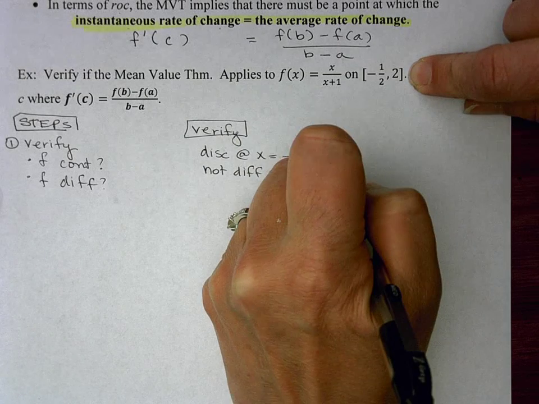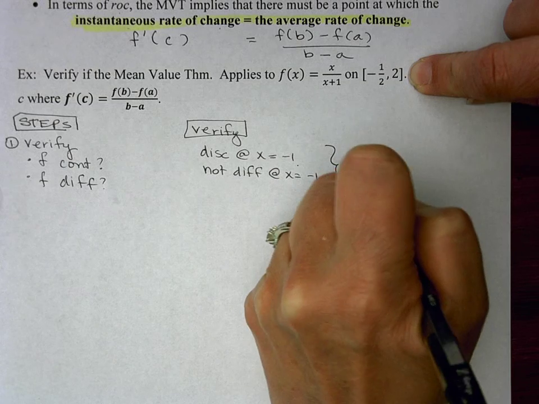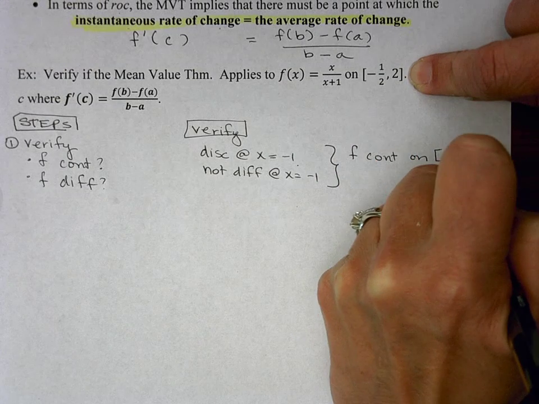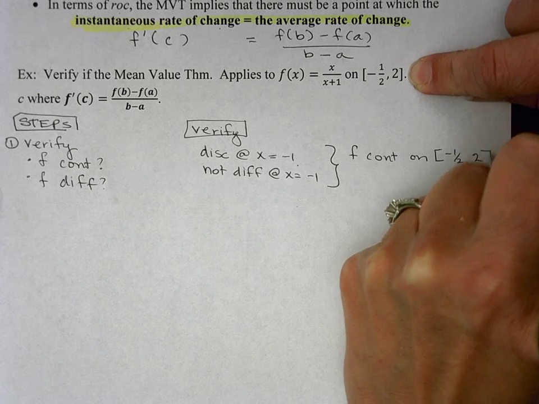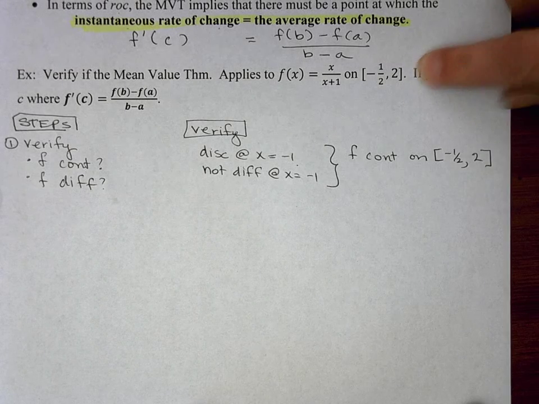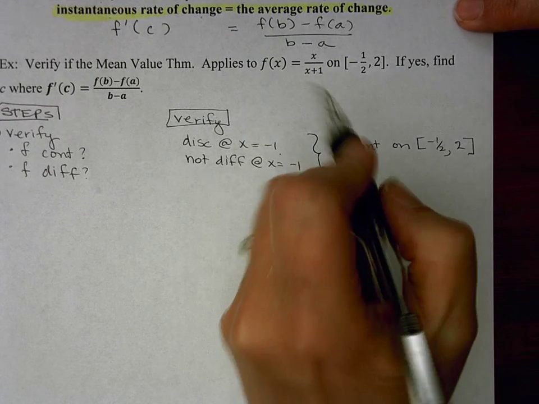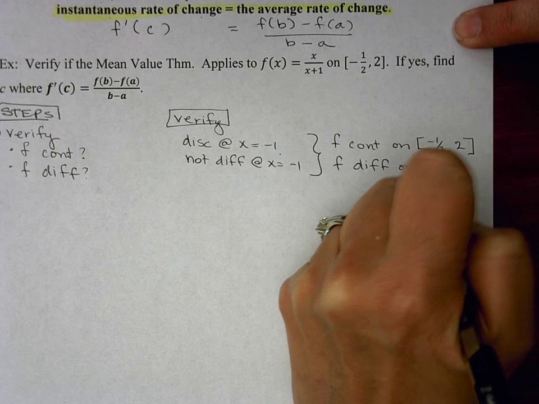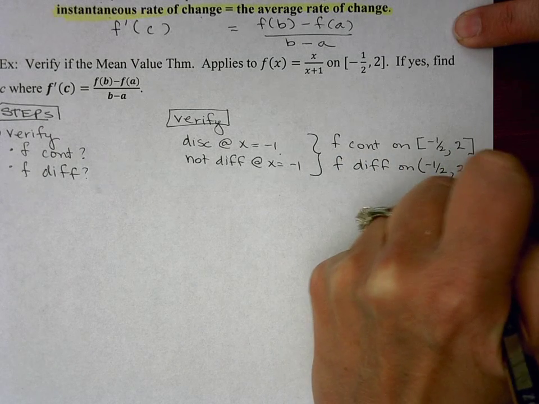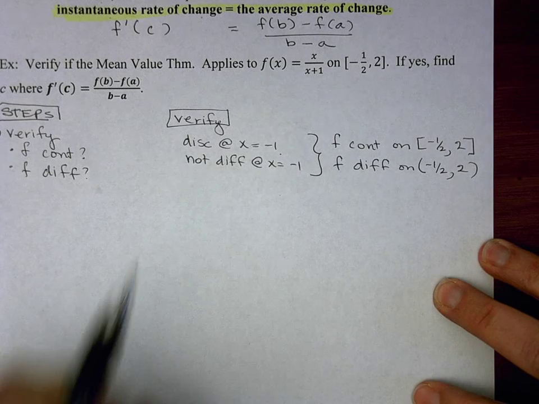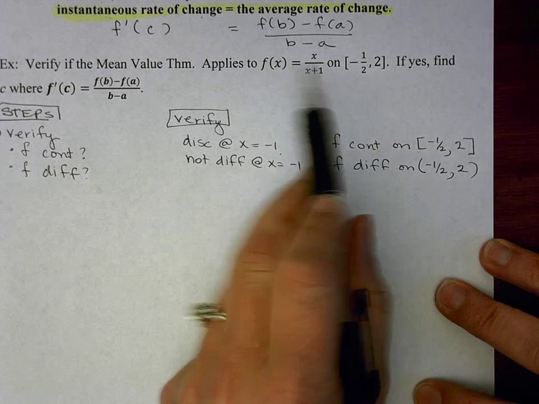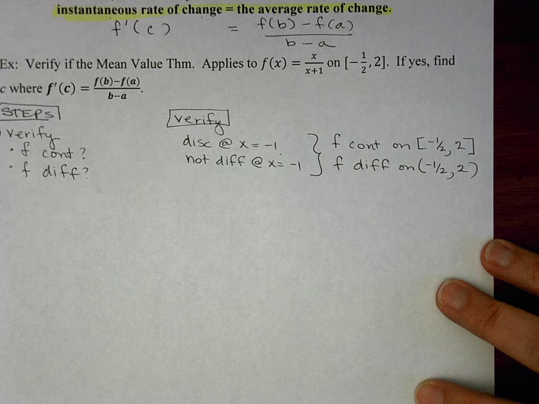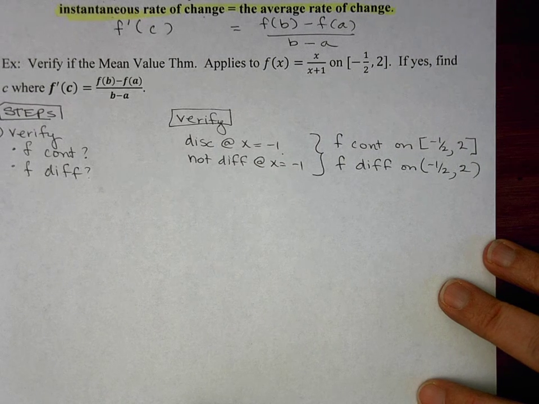So then what I would need to say is that f is continuous on the closed interval from -1/2 to 2, and it is also differentiable on the open interval from -1/2 to 2. Okay, so -1 in the denominator doesn't apply to my problem because of my interval. So that's my first step.